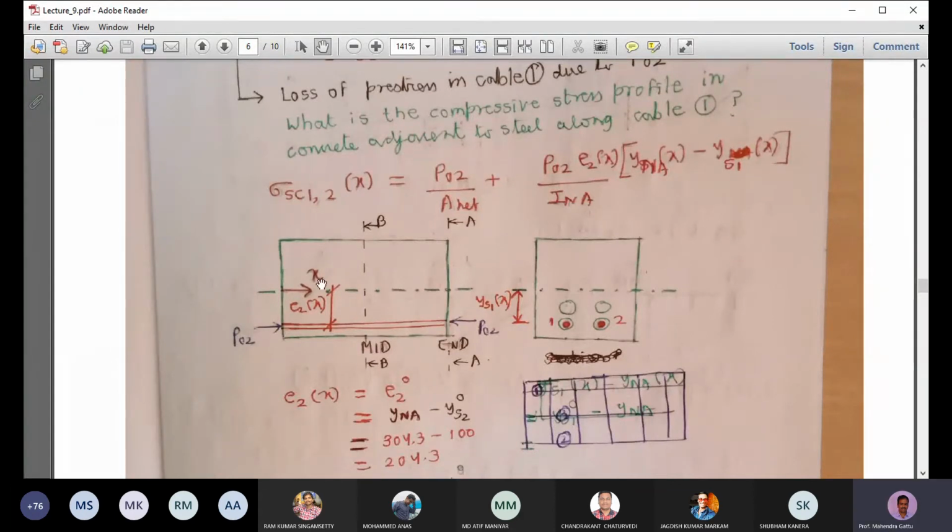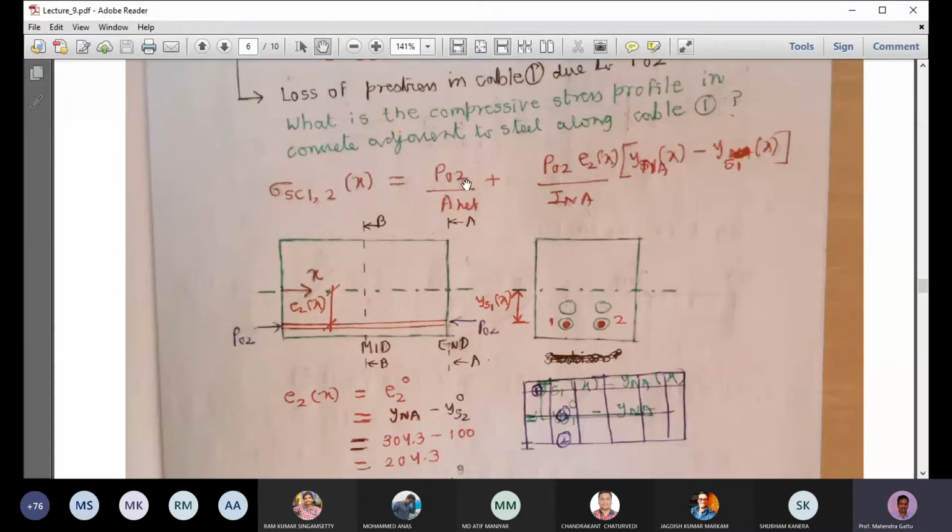We want to find that compressive stress in the concrete along cable 1 as a function of x. That is, the compressive stress profile in the concrete adjacent to cable 1. So we represent it like this: sigma in concrete adjacent to cable 1 due to post-tensioning of cable 2 is a function of x.